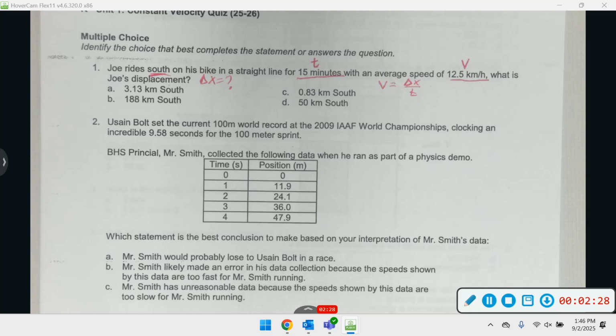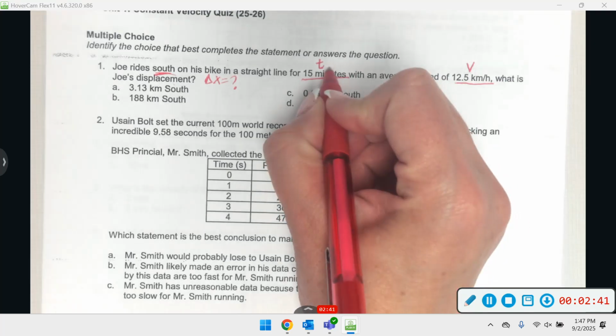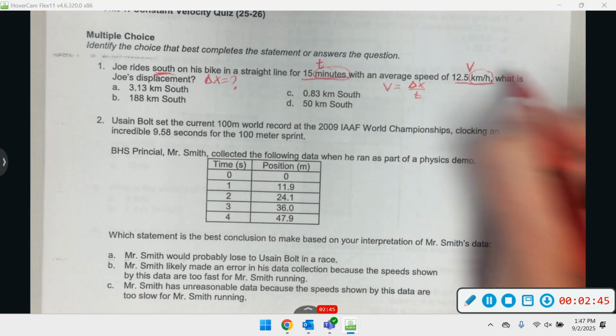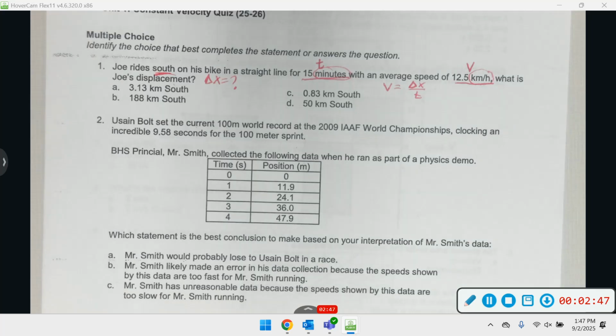One of the reasons we want to label everything, apart from helping us pick the equation, is so that we can see the units and make sure that they're consistent. This time is in minutes. This velocity is in kilometers per hour. Those are not consistent. Guys, this question should be super easy, and yet 58% of you got it right, which means 42% of people got it wrong.